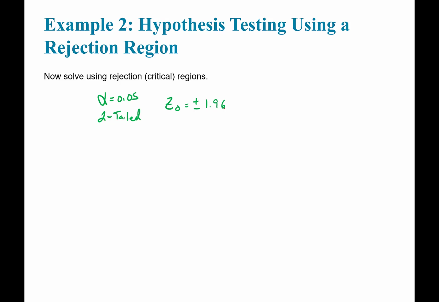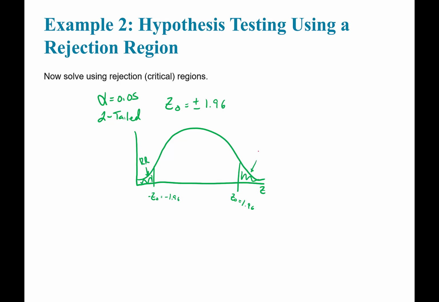So Z naught is plus or minus 1.96. Same idea, sketch out your Z distribution and put your test statistic on here. Negative Z naught equals negative 1.96. Positive Z naught equals positive 1.96. Area in the tails are our rejection regions, and area in the middle is our do not reject or fail to reject region.